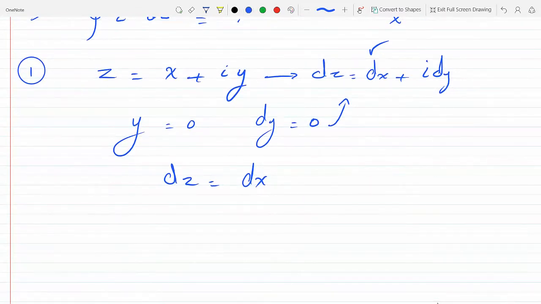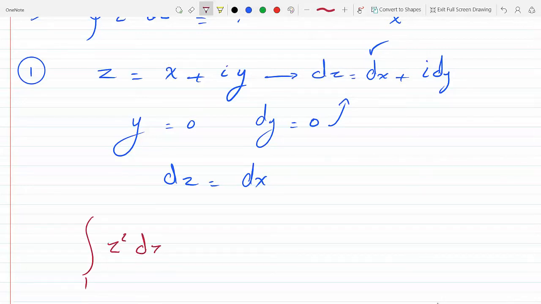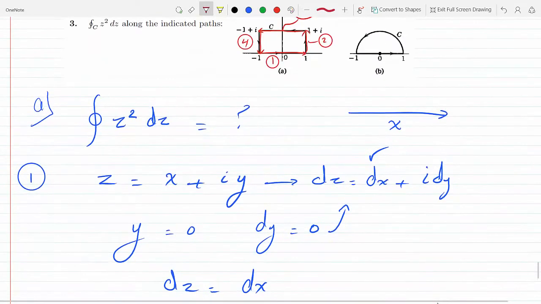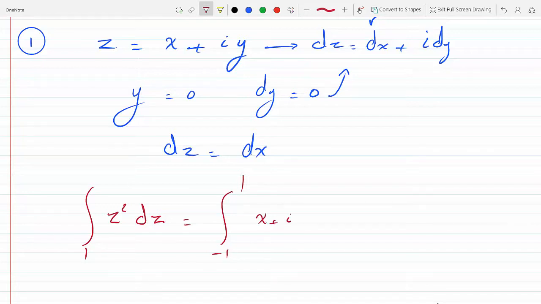So now if I integrate over path 1, then I would find z squared dz on path number 1. Well, I'm going to go from -1 to 1. That's path number 1. -1 to 1, z squared dz, and z is just x plus iy, and we said that y is 0.